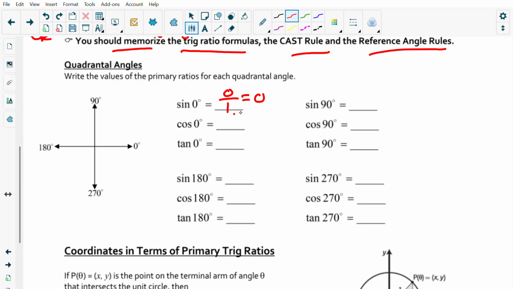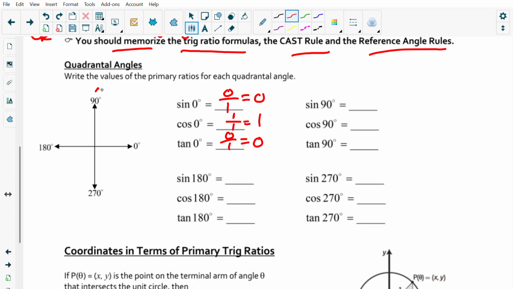At 0, the adjacent side is 1 over 1, and that's 1. Tangent of 0 is the opposite over adjacent side, or we can think of it as the sine ratio over the cosine ratio, which in this case is 0 over 1. And so the tangent of 0 is 0.